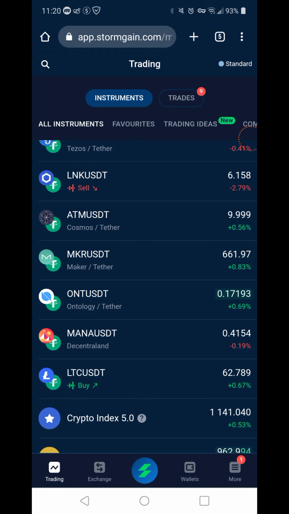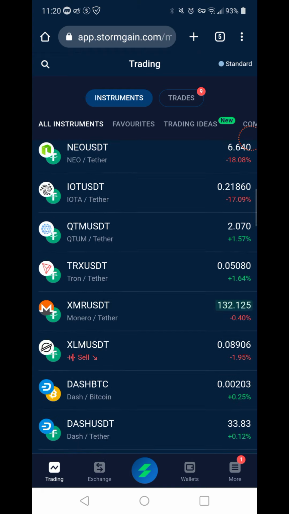Now here's the thing with Stormgain: when you withdraw that $10, you can use that $10 to invest in a trade, but you will only keep what you make. So if you invested, let's say $10 and you made $5, the $5 is what you can keep and send to other wallets, if that makes sense.